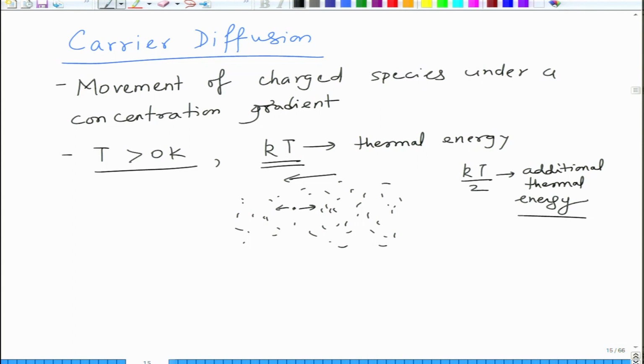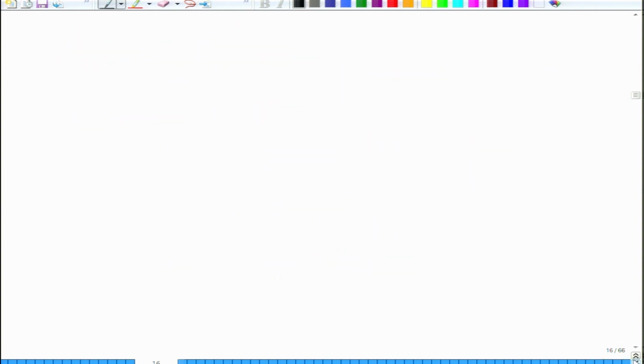Of course, at T equal to 0 K, you have no diffusion because no thermal energy is available. It is only at temperatures higher than 0 Kelvin that diffusion takes place.